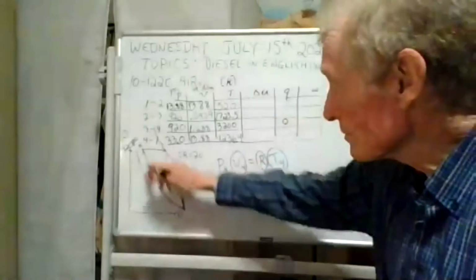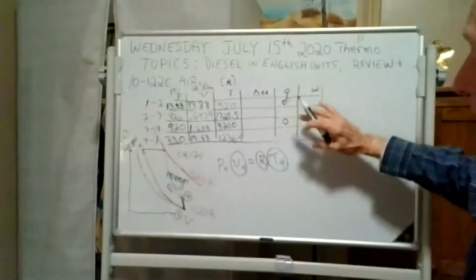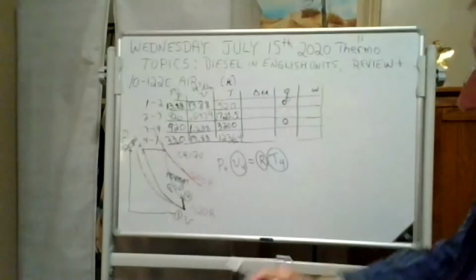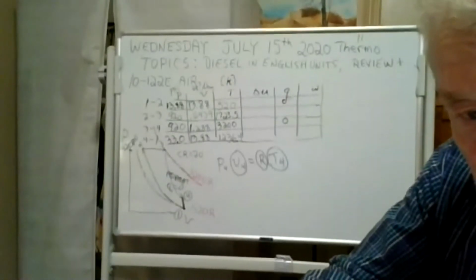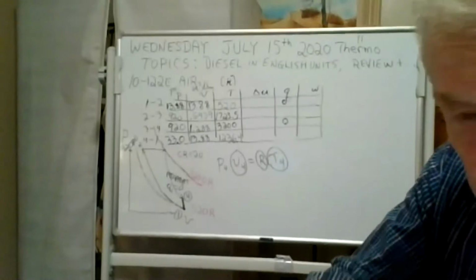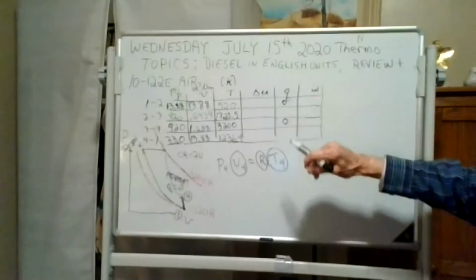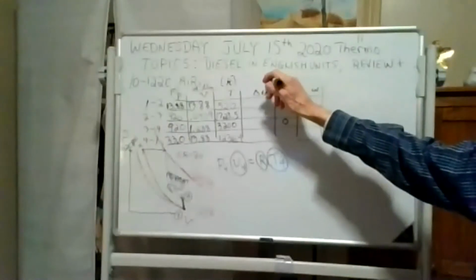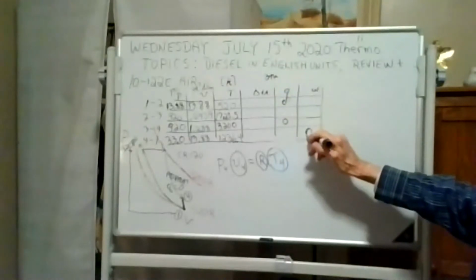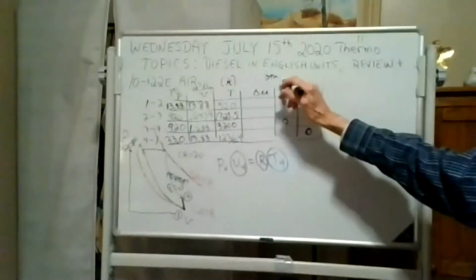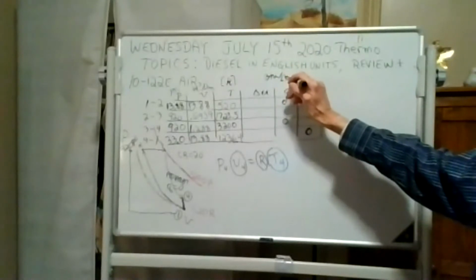And from 1 to 2, it's an adiabat, so that's 0. Now, one of these W's is 0, which we'll go to my friend Spencer. Spencer, one of these little W's is a 0. Which one is it? The last row, 4 to 1. Yes, it's a 0. Good going, Spencer. Now, these are all BTUs per pound mass.